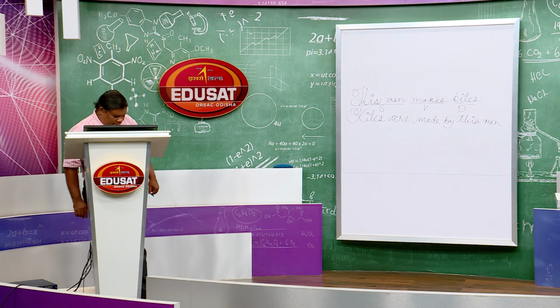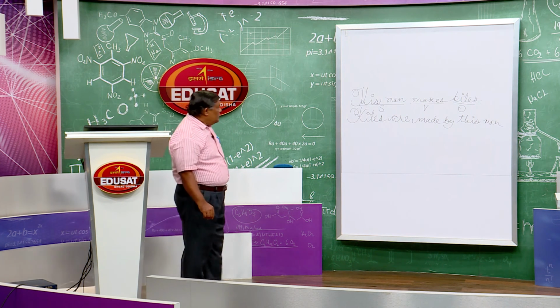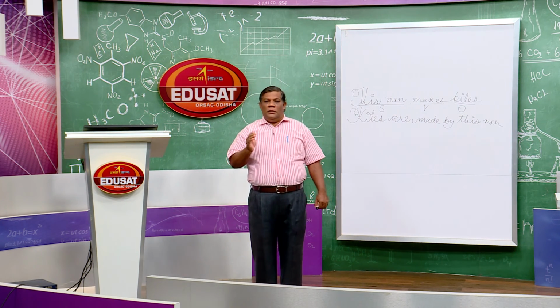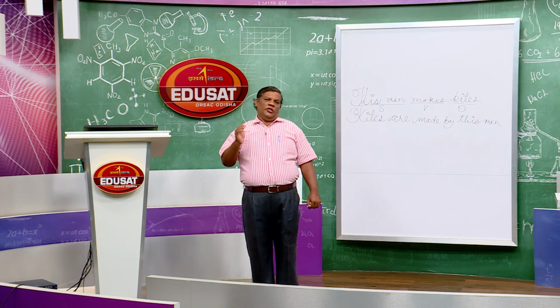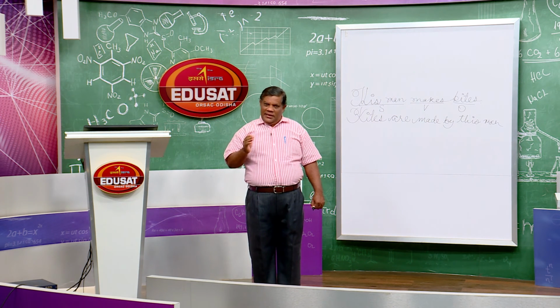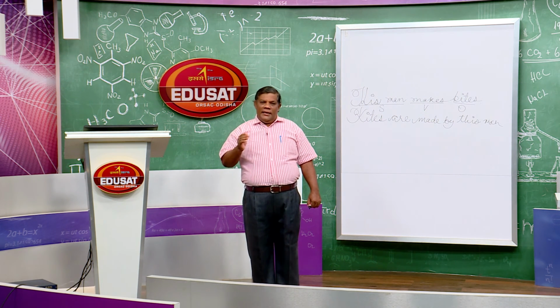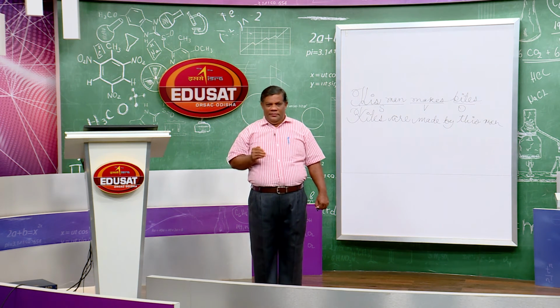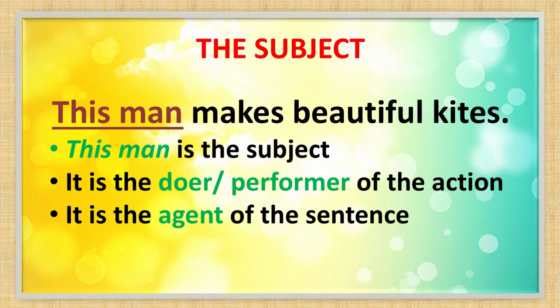What is the subject? You see, the subject is the doer or the performer of the action. When an action takes place in the sentence, who does the action? The subject does the action. The subject is the doer of the action, the performer of the action.